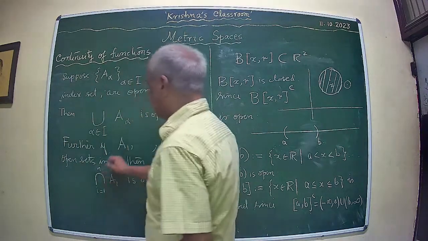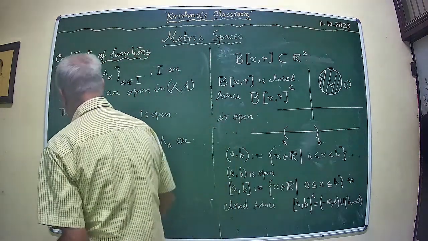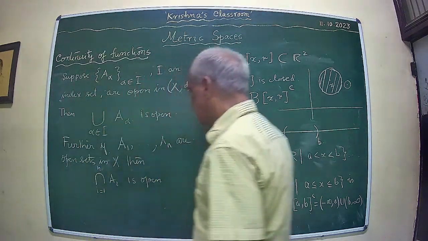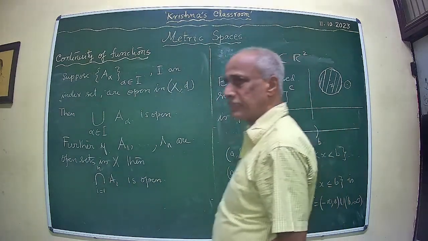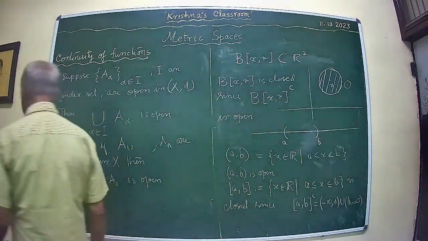But you cannot say that a countable intersection of open sets is open. So any finite intersection of open sets is open.